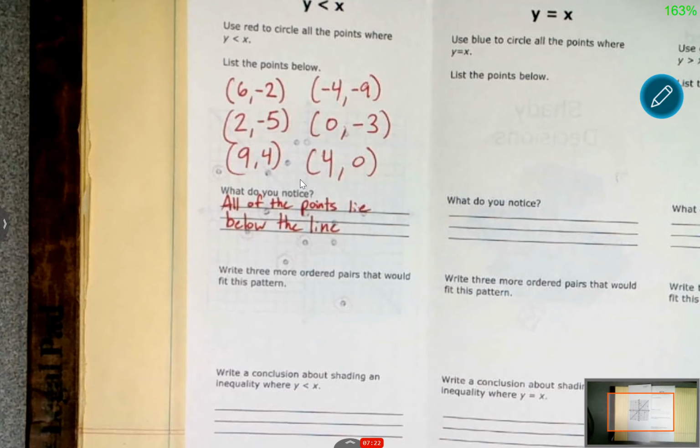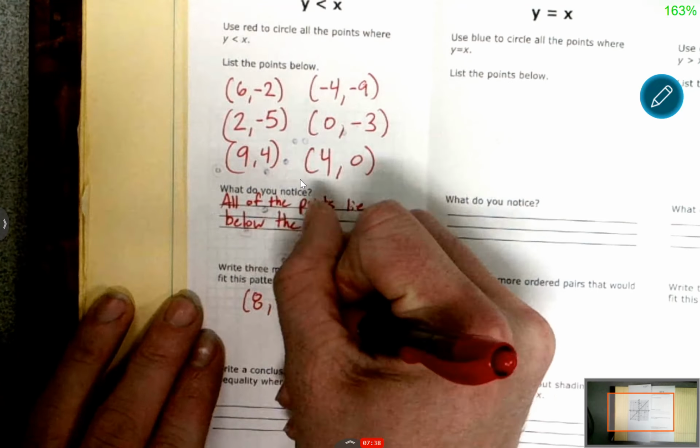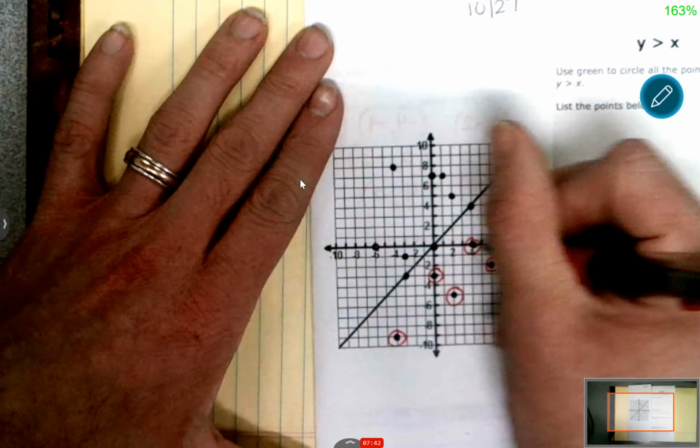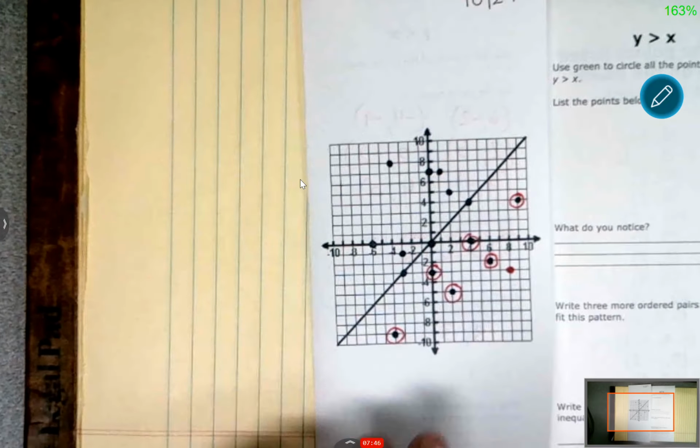Okay. Could we get a couple new points where the y value is less than the x value? Any point you can think of where the y value is less than the x value? Sam? 8, negative 3. I'm going to go ahead and write that, and I'm going to plot it. 8, negative 3 is a point where that is true.